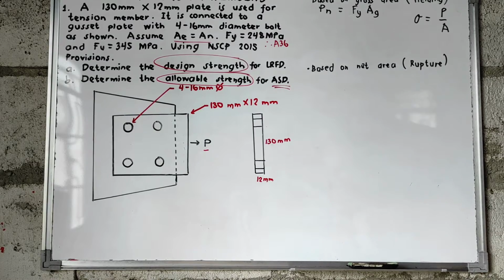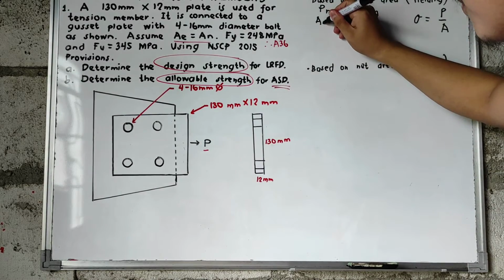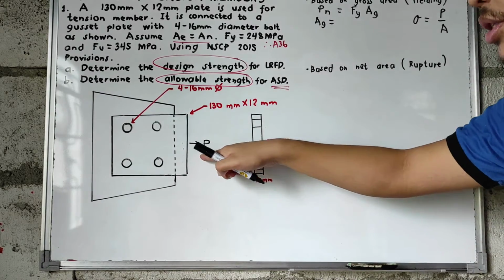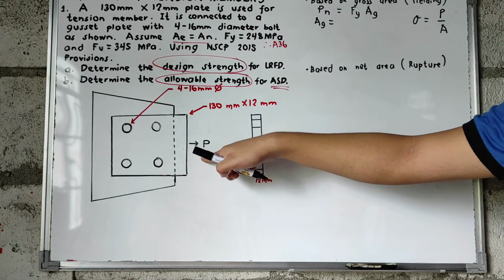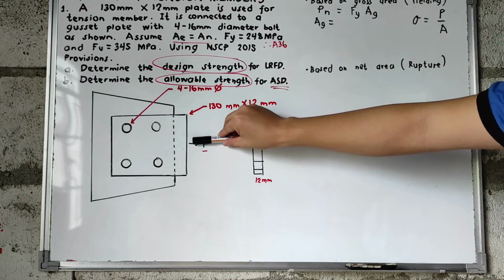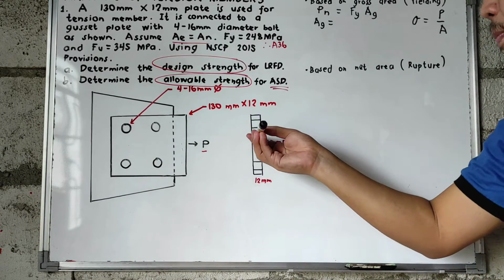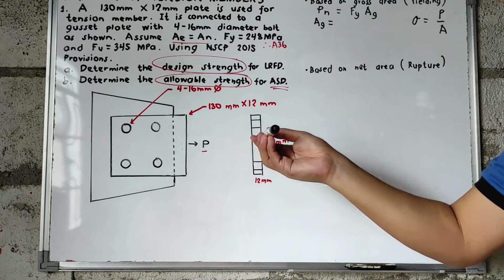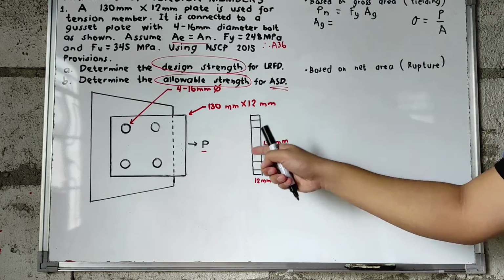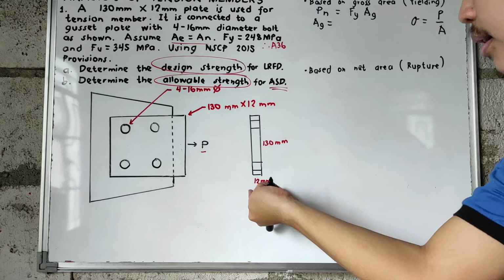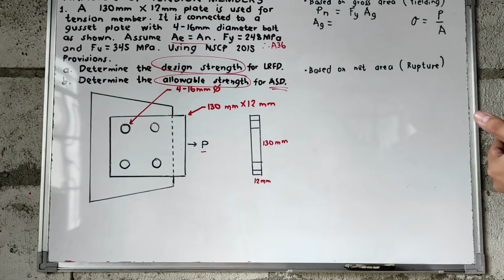So let's solve first for the value of the gross area. The gross area here is the area perpendicular, or acting normal, to our force. Looking at the side view, this is our force T, and the perpendicular area we consider is the area of the whole plate: the width multiplied by its thickness.